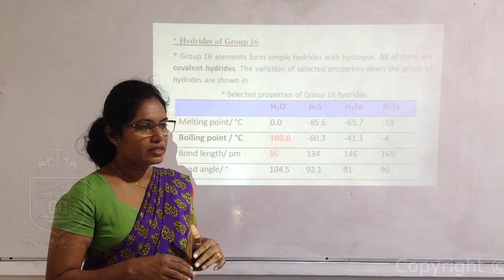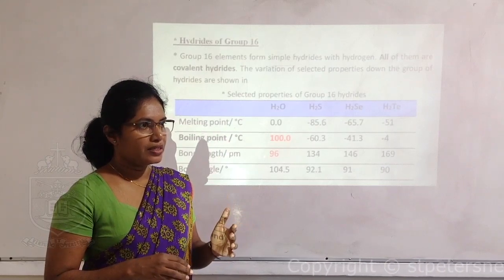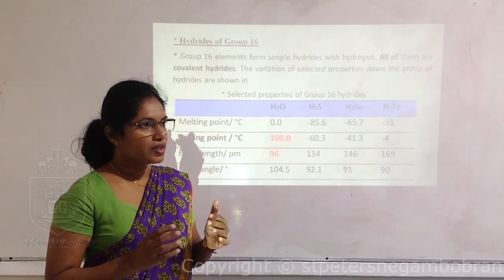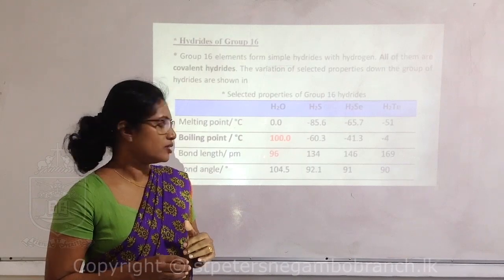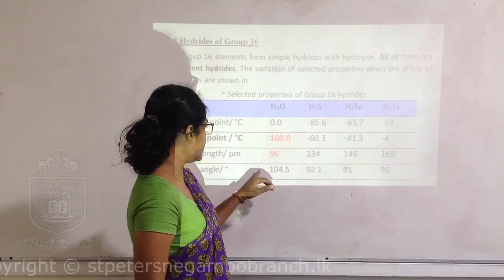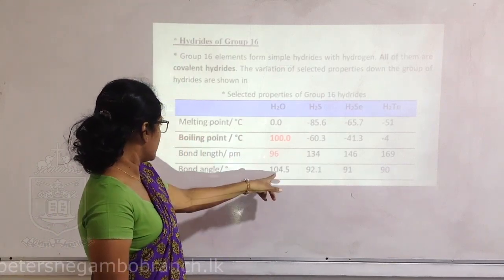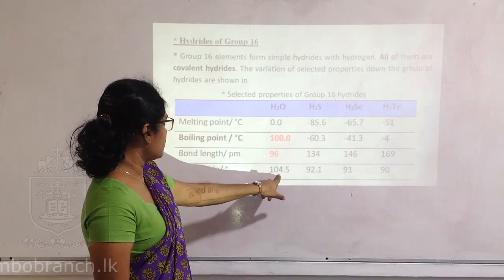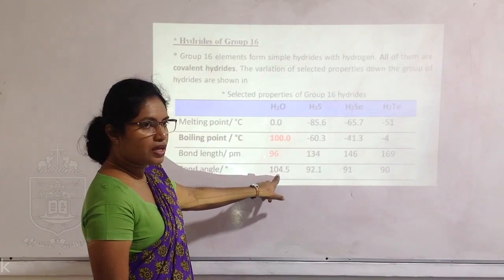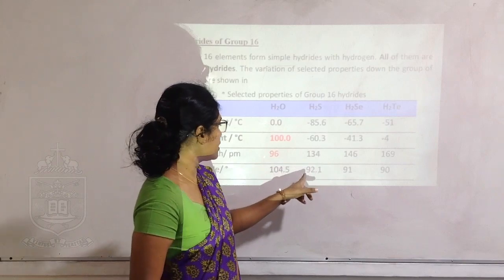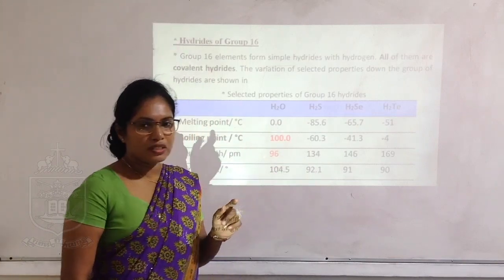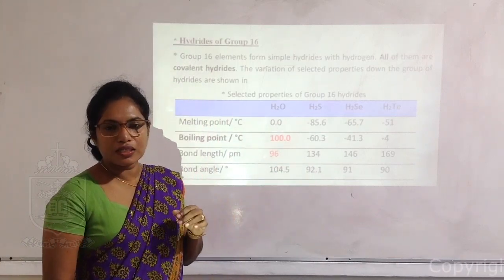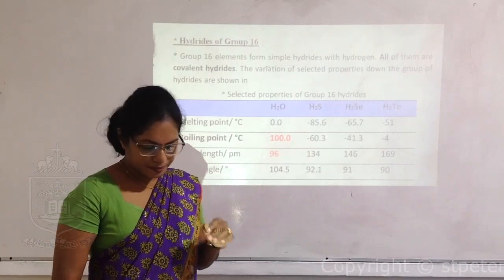But with low electronegativity, electrons show low repulsion. So because of that, the bond angle of oxygen is a higher number than the others, because oxygen has the highest electronegativity.